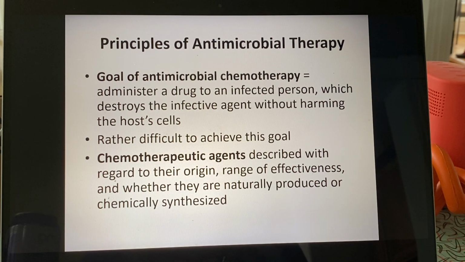So the goal of antimicrobial chemotherapy is to administer a drug to an infected person, and you want to get rid of the microbe without harming the host. And we'll just assume for the scope of this chapter that we're talking about a human host. Okay, so microbial diseases that are occurring in humans.